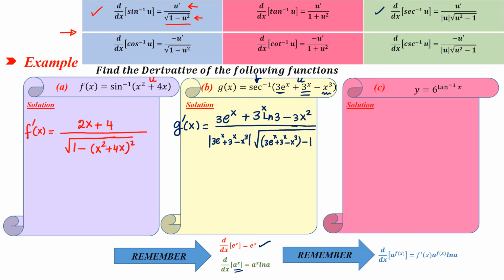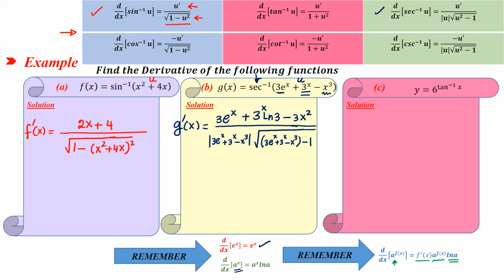Now in part C, we have the function y equals 6 to the power tan inverse of x. And as you know, if we have a number raised to a power of a function, you have to find the derivative of the power, multiplied by the same function, multiplied by ln of the base we have in the question.